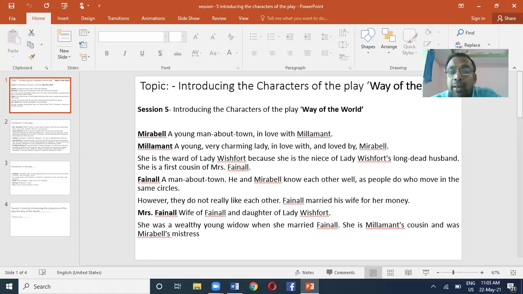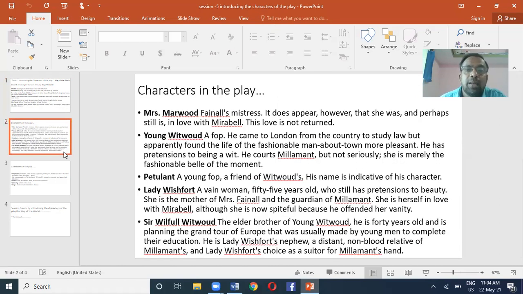Though she married Mr. Fainall and was leading a family life, still she could become the mistress of Mirabel. This is a wonderful twist, a complicated relationship. You see here, many more characters of the play.